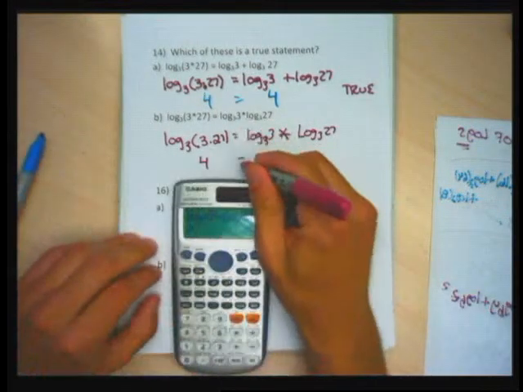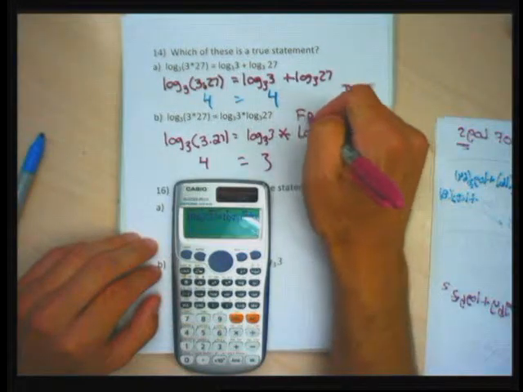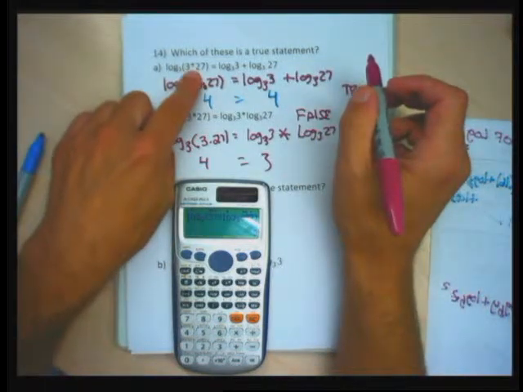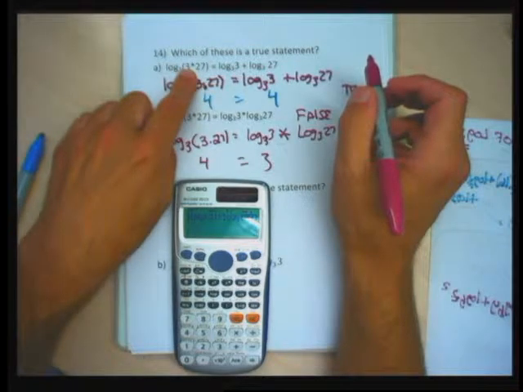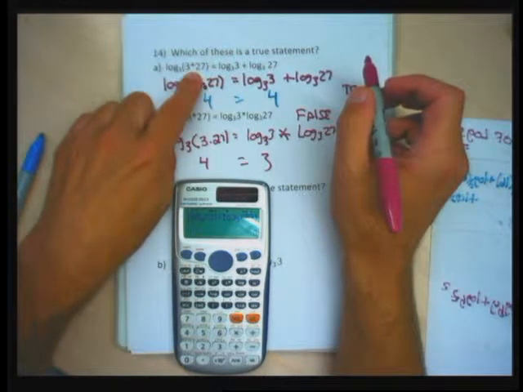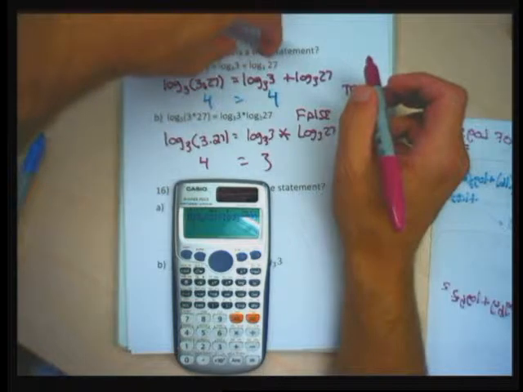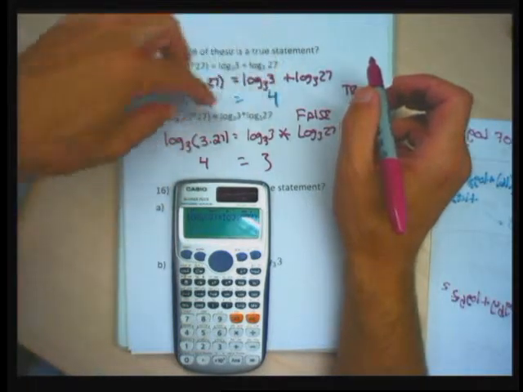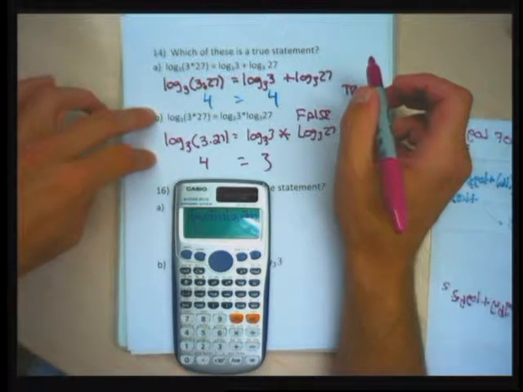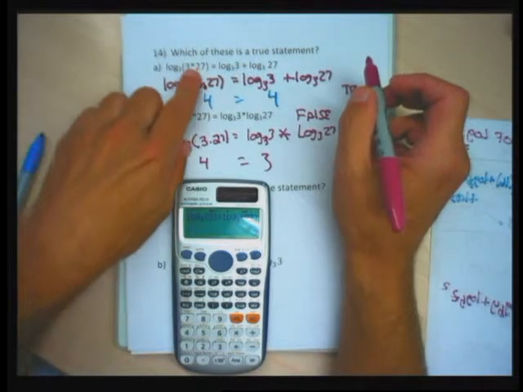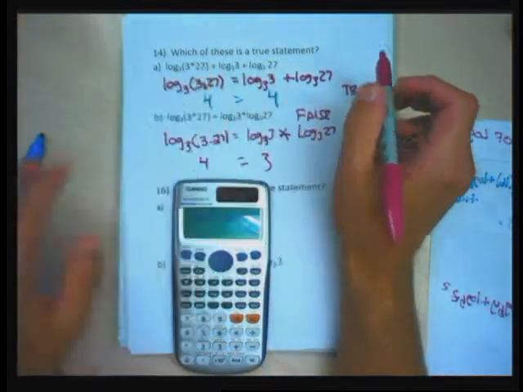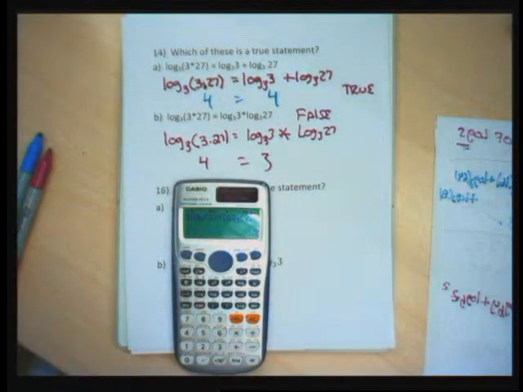So this is not a true statement. This one's false. This is just hammering down that the sum to product rule says if I have a multiplication inside a logarithm, I can expand a single log to a sum of logs. I can't expand a single log to a product of logarithms. So part B is not using the rule correctly, because the rule says multiplication inside one logarithm can be expanded to multiple logarithms if I put a plus between the logarithms and not a times.